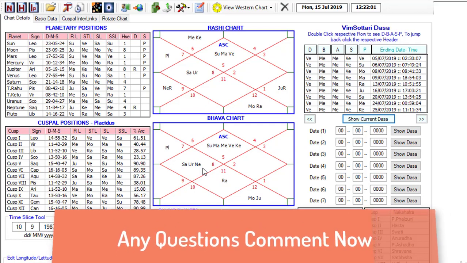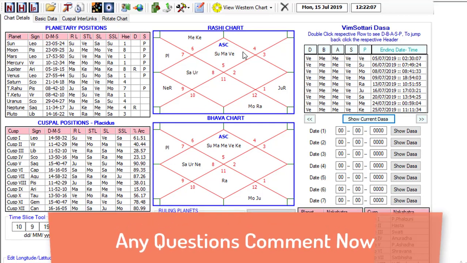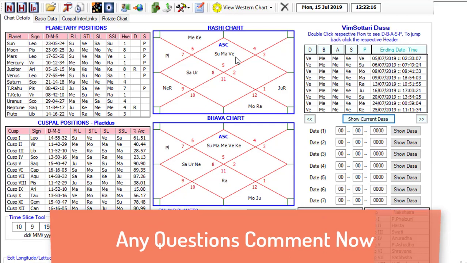Now we can see here Mars is in the first house. So conjunction is Sun and Venus. So Mars is going to give the result of Sun and Venus. But before we consider these planets are in conjunction, we need to see their degrees. Mars is in the 17th degree.